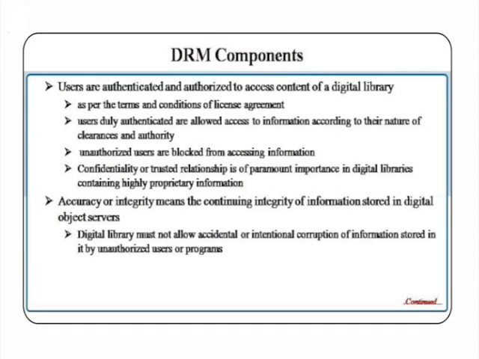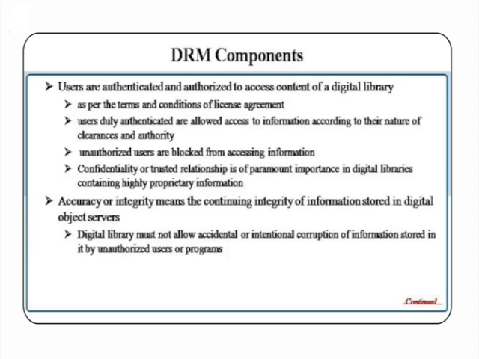The users are authenticated and authorized to access the content of the digital library as per the terms and conditions of license agreement. Users duly authenticated are allowed access to information according to the nature of their clearance and authority. Unauthorized users are blocked from accessing the information.